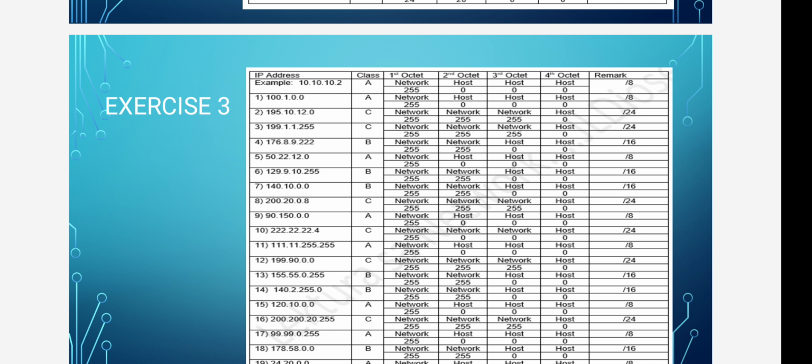That is the start of our discussion. Every octet has 8 bits. So the first octet has 8, the second octet has 8, the third octet has 8, the fourth octet has 8. So it is equivalent to 32 bits.